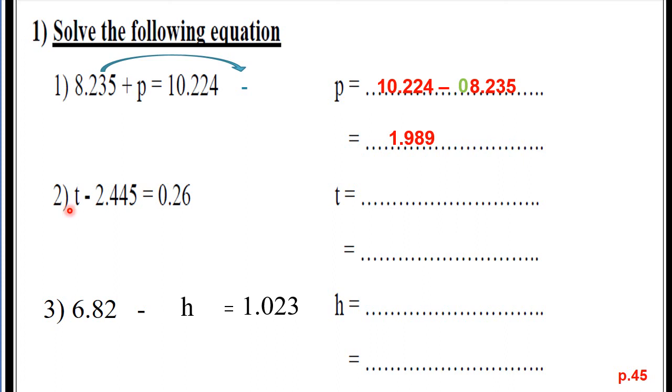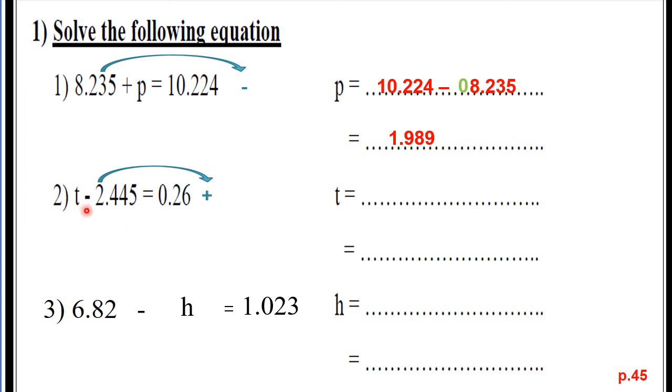And now in letter number 2, t minus 2.445 thousandths equals 0.26 or 26 hundredths. Now we need the variable to be inside alone. So t equals like this. And now take 2.445 thousandths to the other side using the inverse operation.